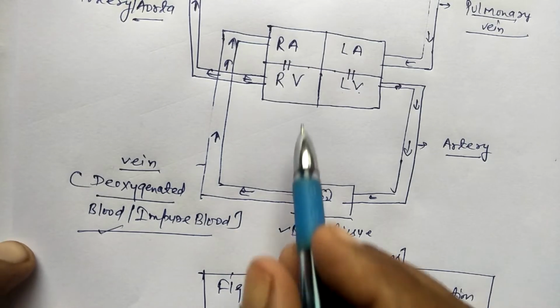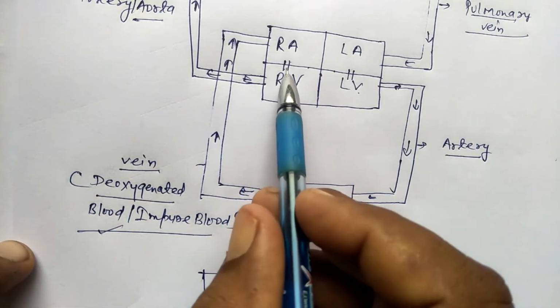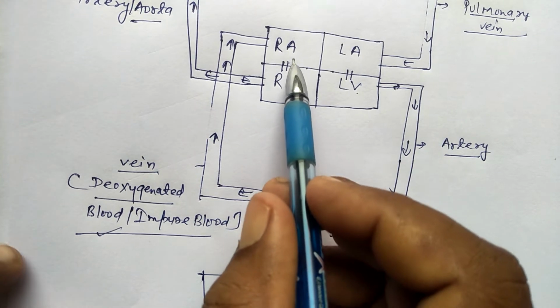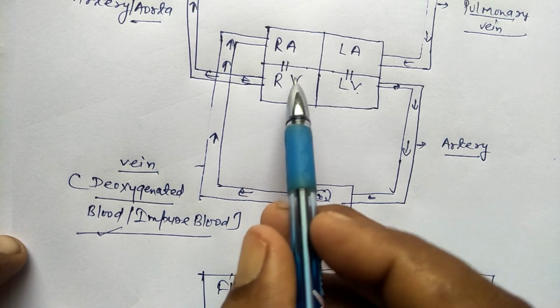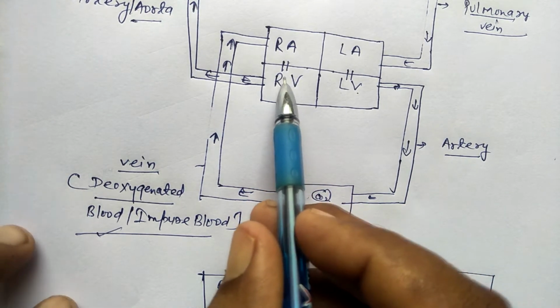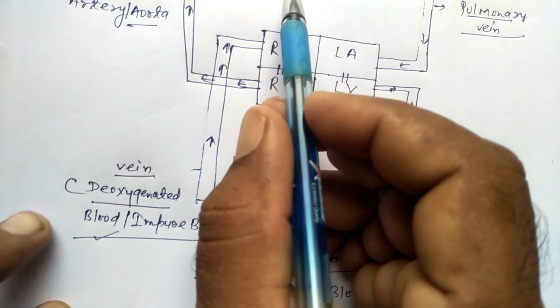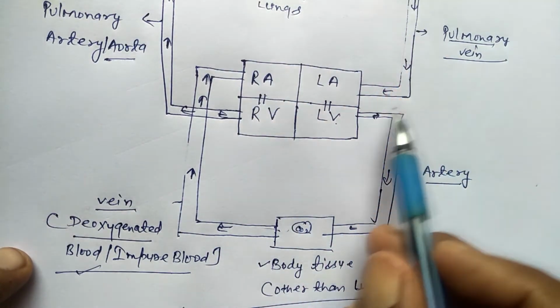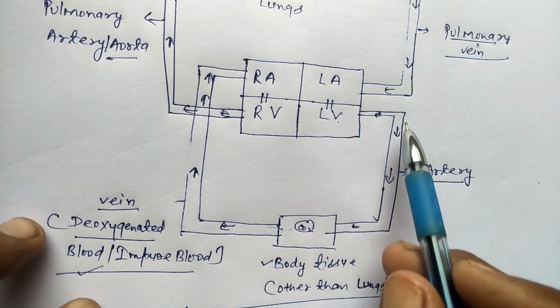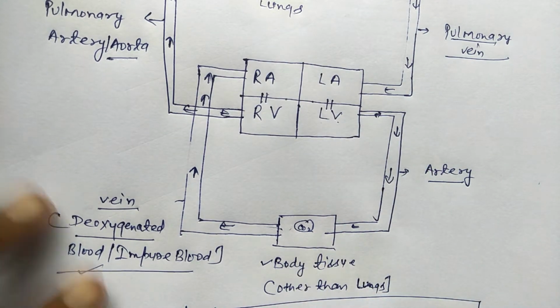Students, firstly impure blood enters the right part, again impure blood is forwarded to lungs for purification, and purified blood enters the left part and is distributed in body parts.